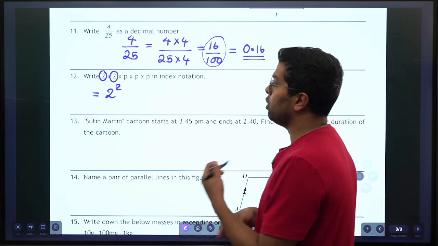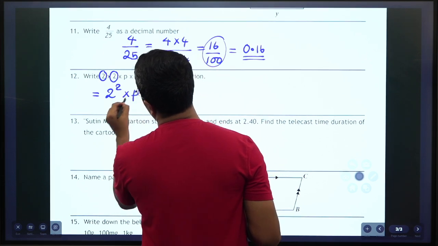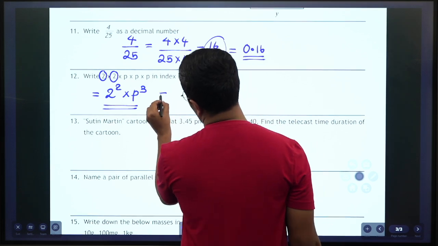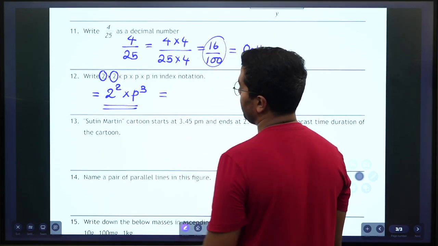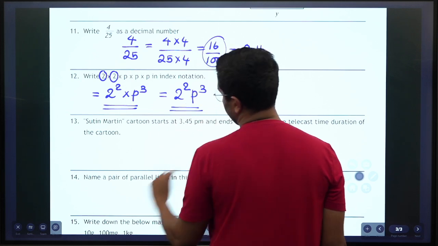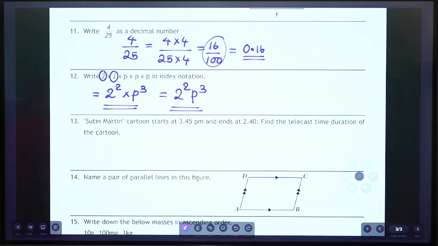The algebraic term P is multiplied 3 times, so P into P into P. If you want, you can eliminate writing the multiplication symbol. So 2 to the power 2, P to the power 3 is the final answer. Alright kids, are we all clear?